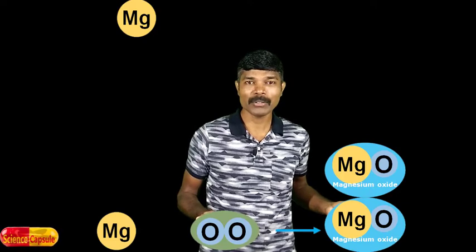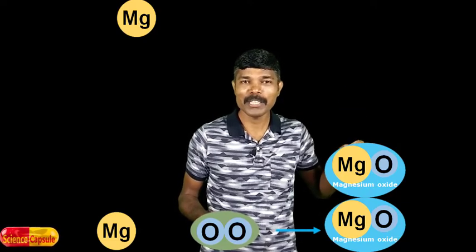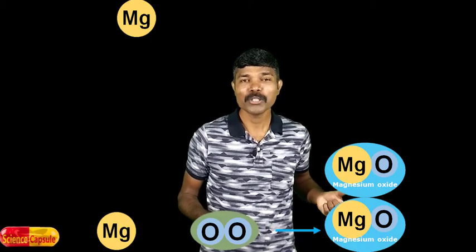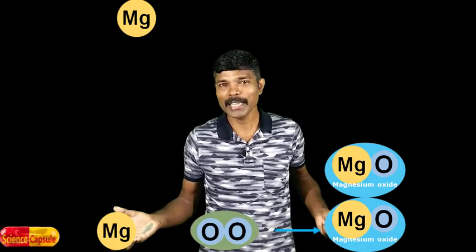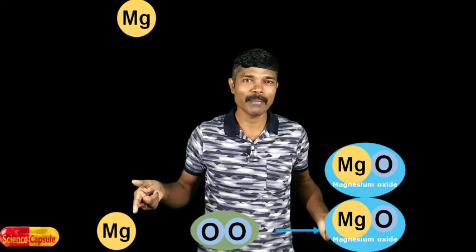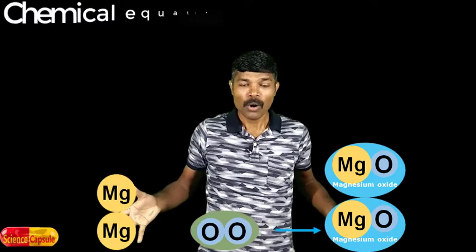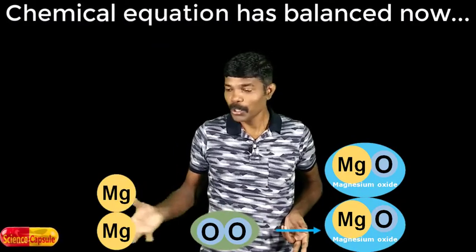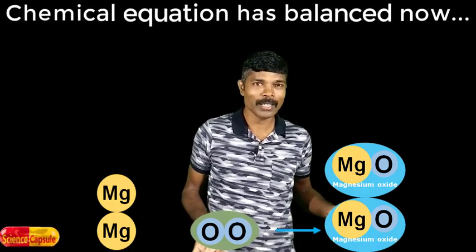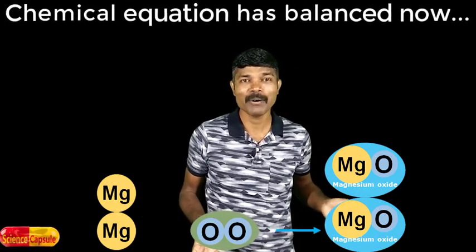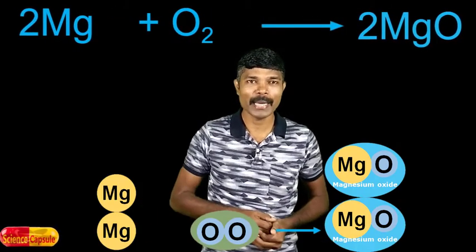But when I added magnesium oxide, the total number of magnesium atoms became 2, whereas on the reactant side you see only 1 magnesium atom. Here I am adding 1 more magnesium atom. So, in the entire chemical equation you see 2 atoms of magnesium, 1 molecule of oxygen, and on the other side 2 magnesium oxide. This way, chemical equations can be balanced.